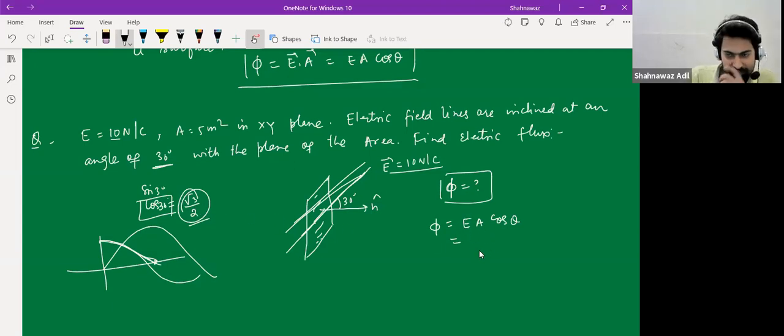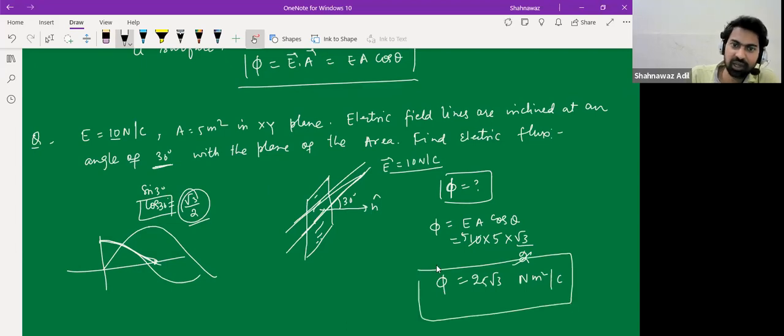This is 10, this is 5, and this is root 3 by 2. So 25 root 3 Newton meter square per coulomb. This is the flux. Understood, guys? Yes, sir. Saad, what did you get? I got it correct, sir. Good.